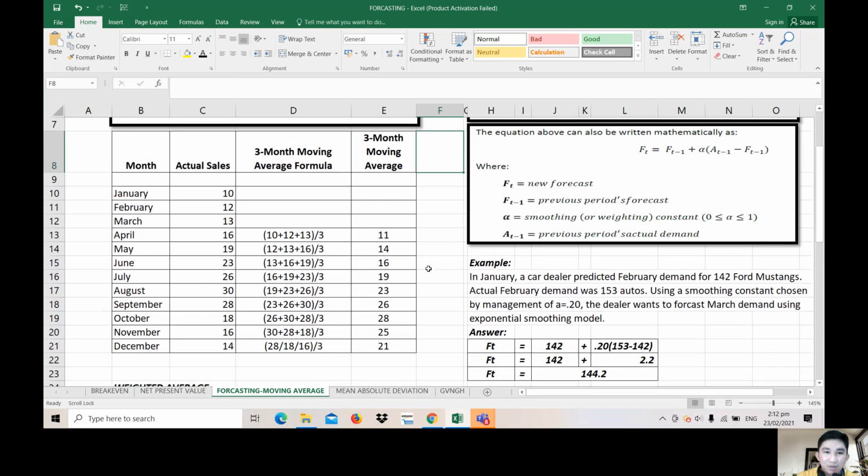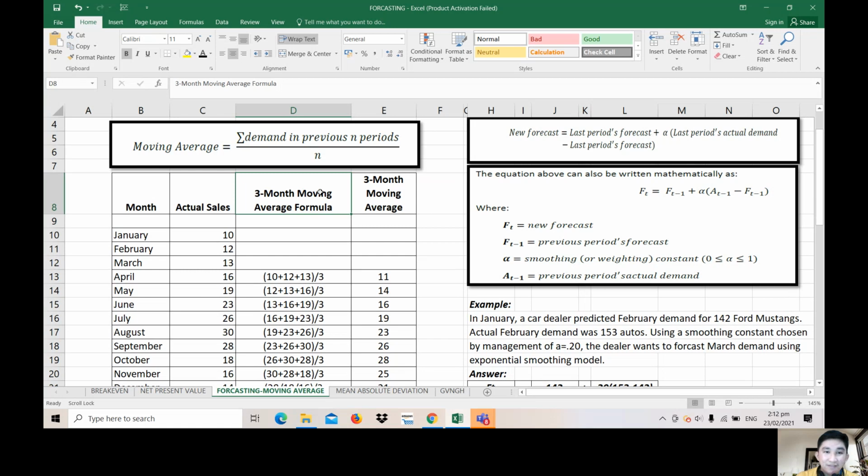Here, we are given months from January to December, and in the second column we have the actual sales from January to December. After which, on the third column, we have the formula for how we get the 3-month moving average. Okay, this will be our forecast.